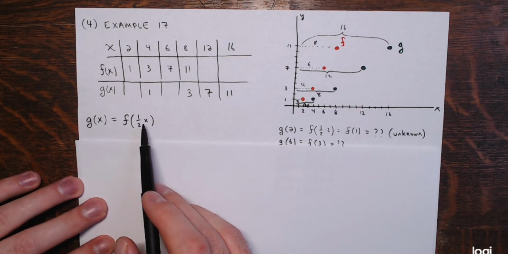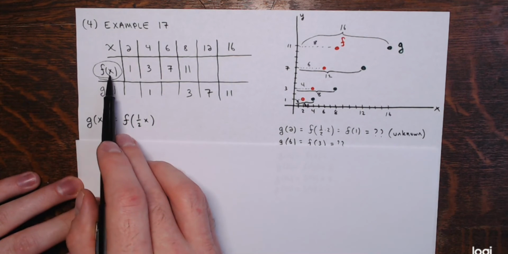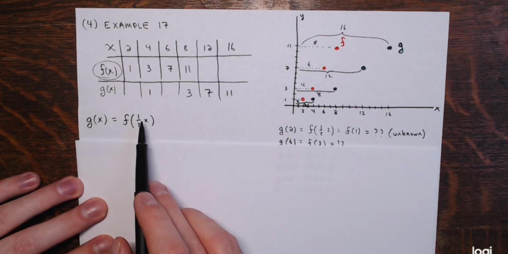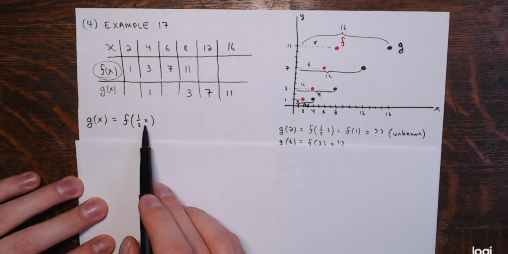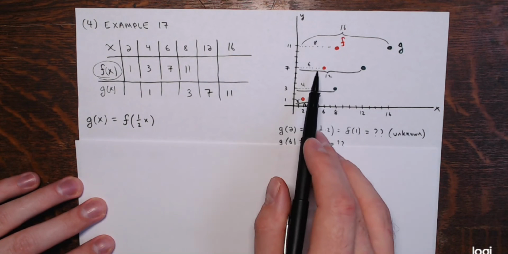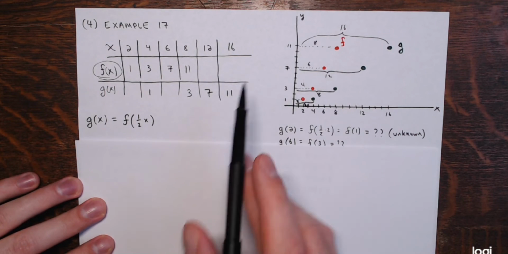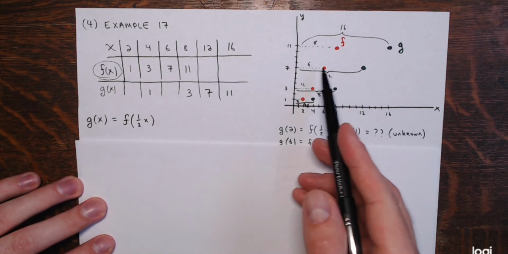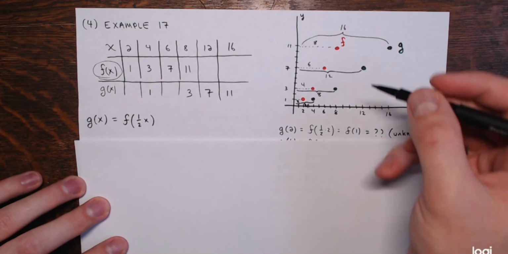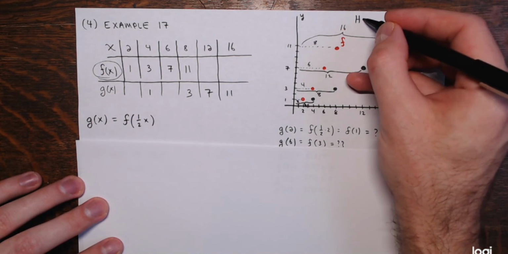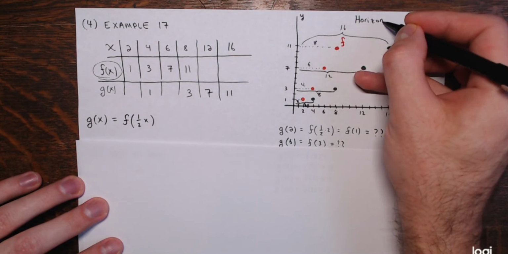So if you take a function f of x, and you replace x with a number times x, that's going to cause a push either away from the y-axis or toward the y-axis, a horizontal stretch or a compression. But this would be a horizontal stretch in this graph here.